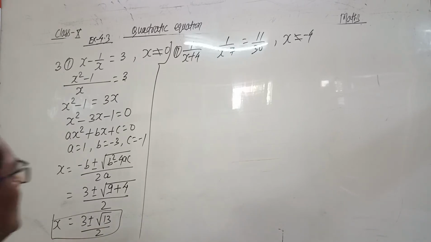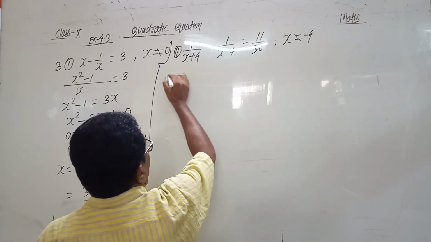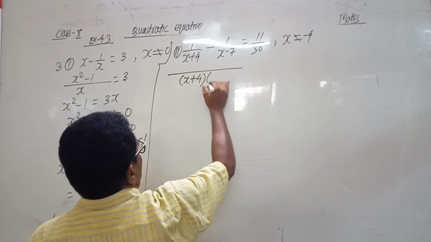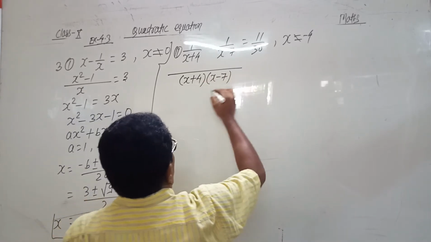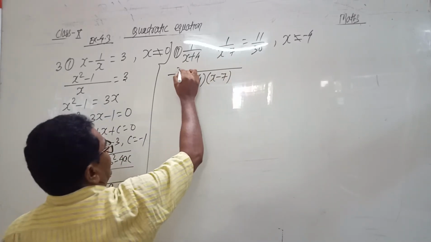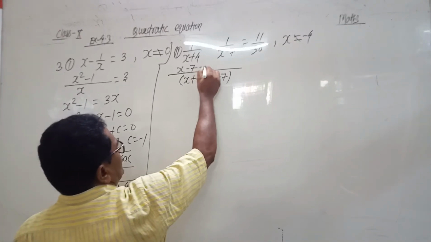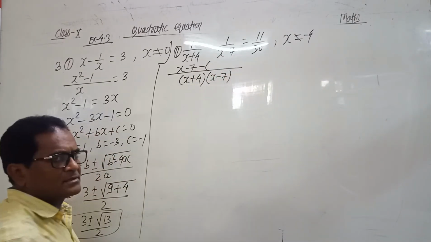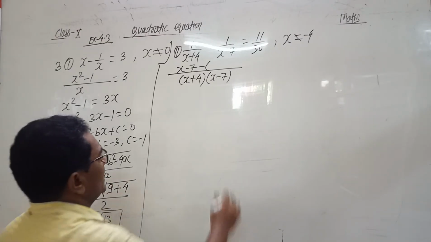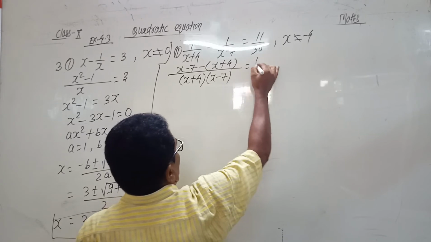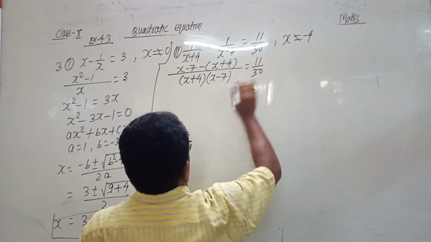So we take LCM, x plus 4 and x minus 7. x plus 4 gets cancelled, and x minus 7 minus x minus 7 gets cancelled, and we get x plus 4 equals 11 by 30.